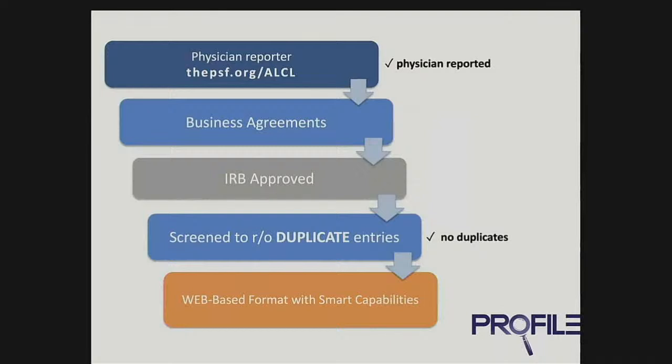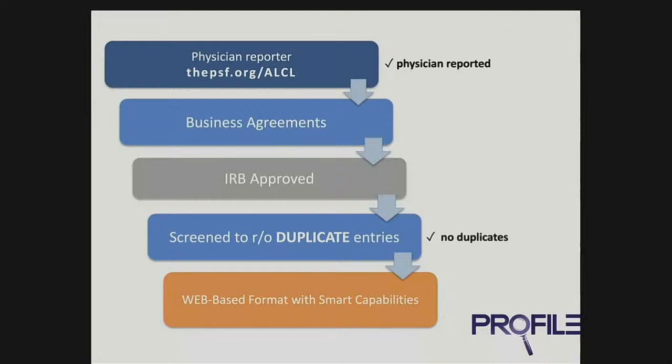The first one being that we, at this time, accept physician-reported cases only. And the idea here is that we are able to capture complete, consistent, and high-quality data related to each case. We have a Western IRB, which will satisfy a majority of individual reporters.